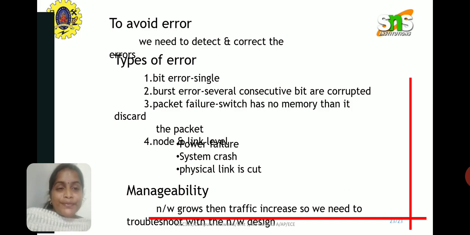So we have to reduce our network's traffic. Also, we have to identify the easy and effective communication methodologies to enhance our network security. Also, we have to enrich our system connectivity. Thank you.